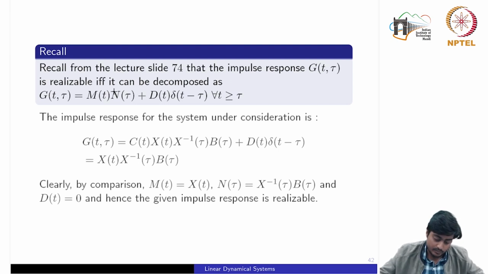Okay, by realizability we actually mean the physical implementation of that impulse response. Now since we have computed this impulse response from a practical electrical circuit, it was trivial that it would be implementable. But since we want to show the application of those theoretical results, just for the sake of that, we have shown how these M and N matrices can be computed. Okay.